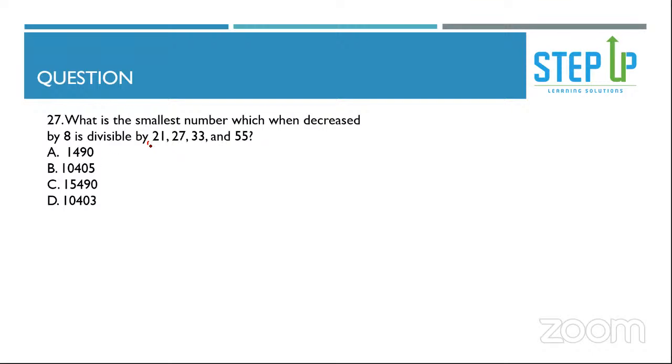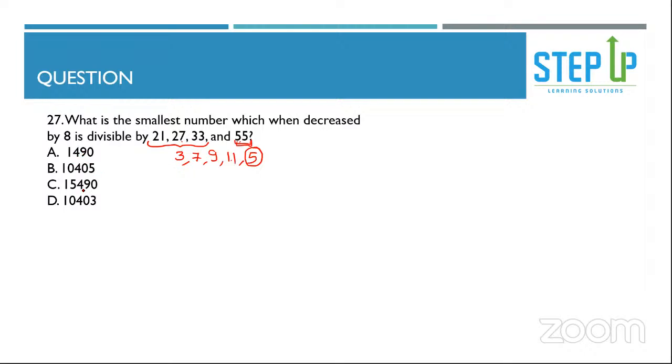So basically that number should be divisible by 3. It should be divisible by 7. It should be divisible by 9. It should be divisible by 11. And it should be divisible by 5 also, because of 55. So a very simple way: the clue here is that the number should be divisible by 5 too.